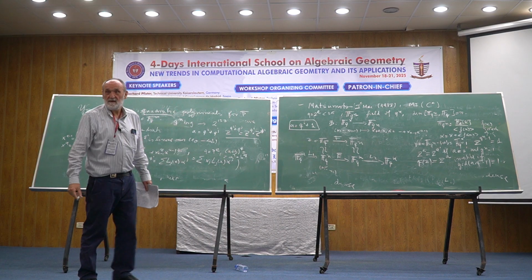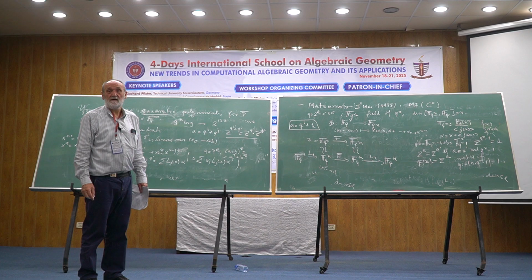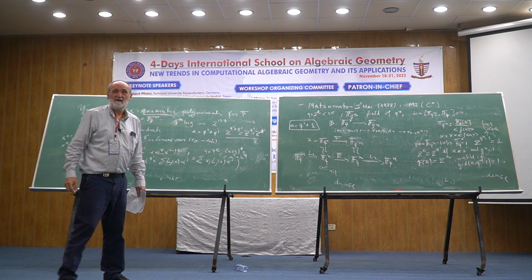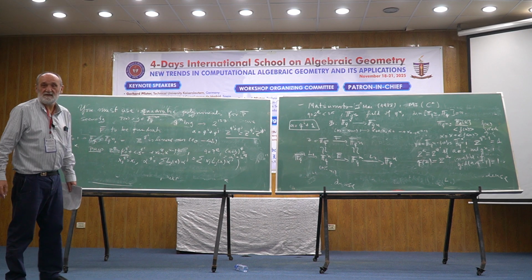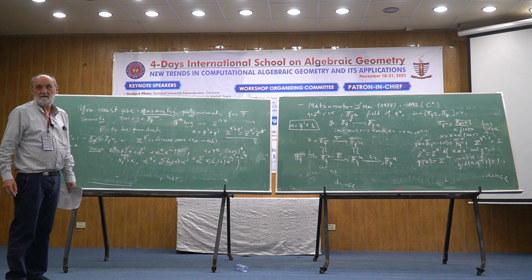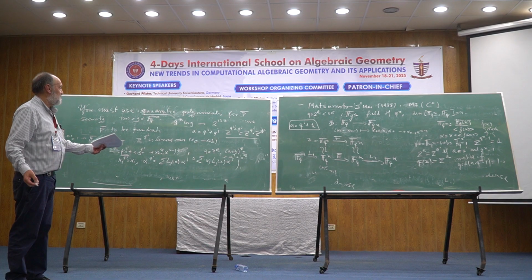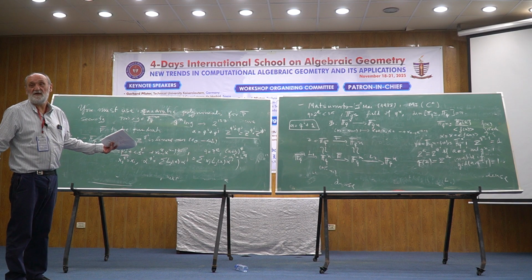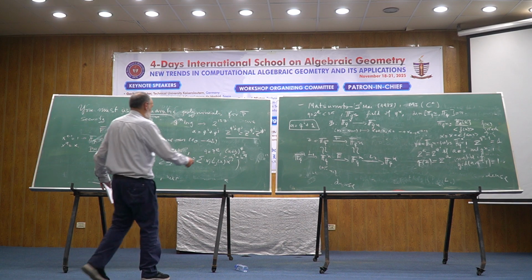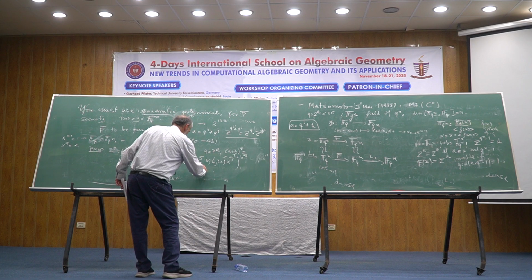Sir, one question please. Under what conditions did you take this (a plus b) to the power q equal to a to the power q plus b to the power q? What was the condition? I mean, the characteristic of the field is p. So the condition is that q is a power of p.